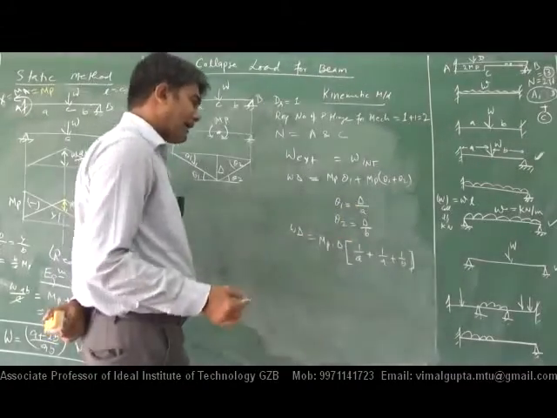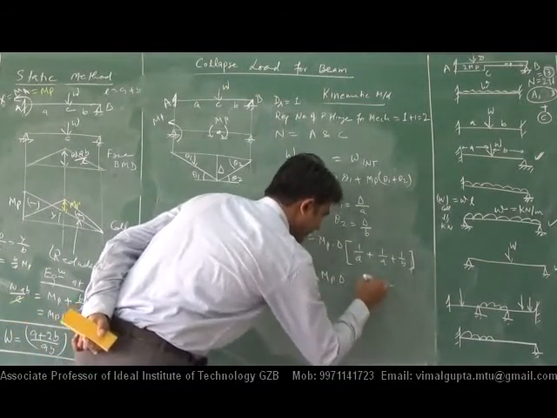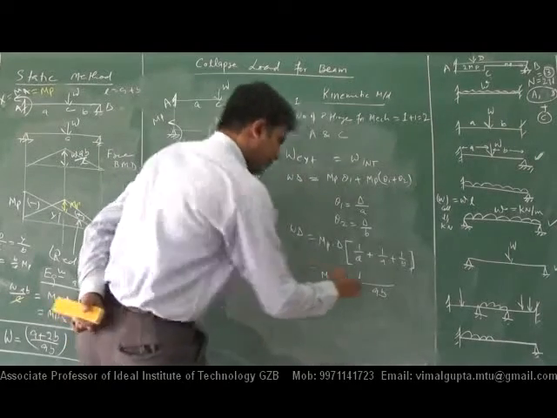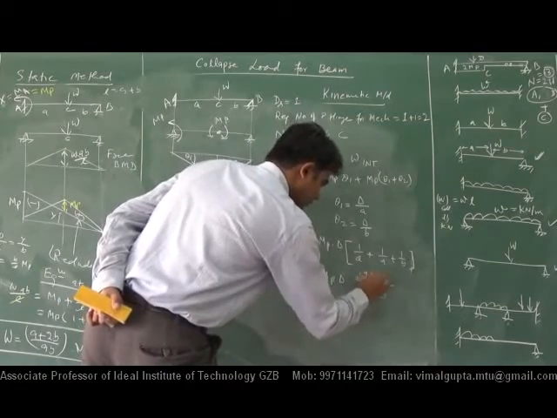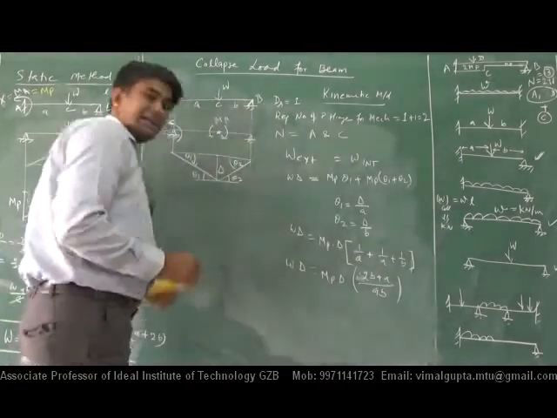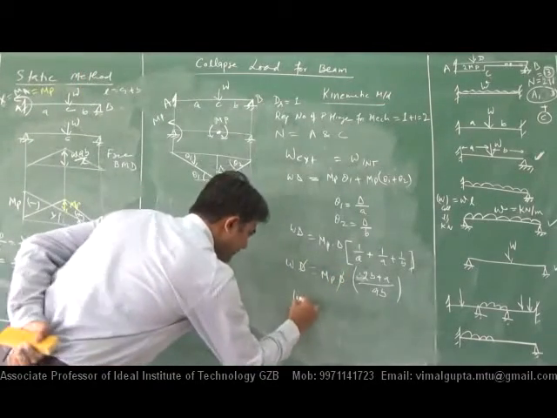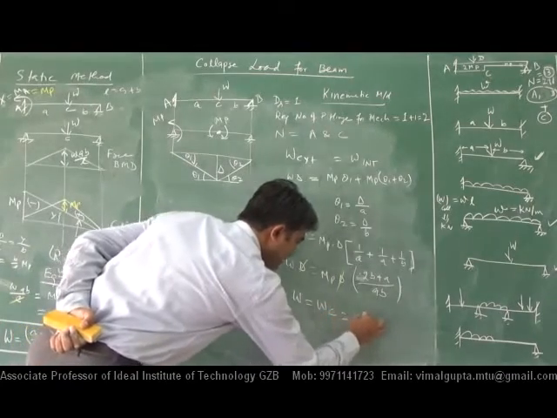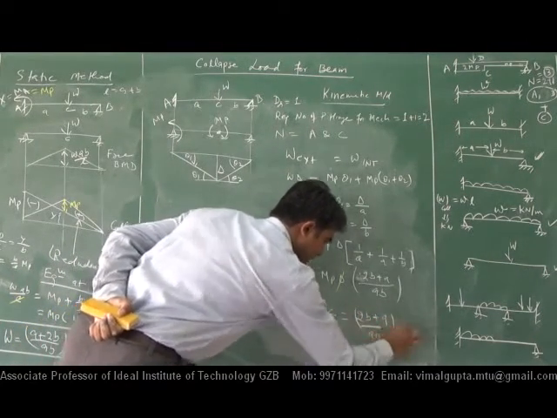Take the common factor as ab, then it will be 2b plus a. W into delta is cancelled out, so the remaining value is W equals MP times (2b plus a) divided by ab.